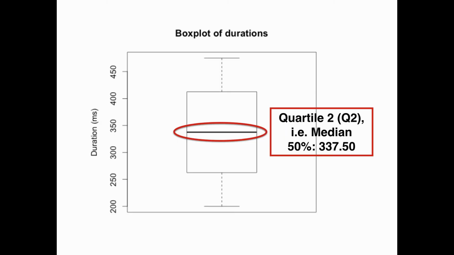So I just spent all this time telling you about all these quartiles and medians. Why? Well, because in the box plot here, that line in the middle is exactly quartile 2, or Q2, which is the median. So 50% of the way through that list, or 337.50.